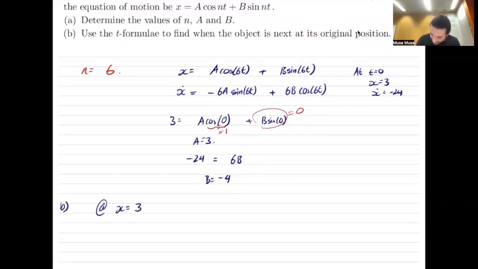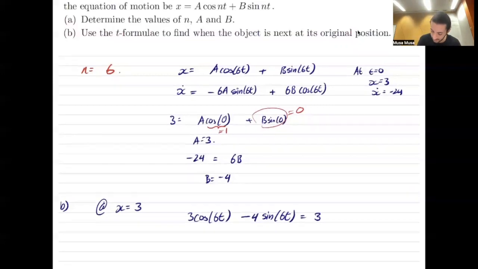Now, we want 3 cos 6t plus b, minus 4, my bad, sine of 6t, and this should equal 3. Now, the way T form works is you always let T equal tan of half the angle that's given in the question.